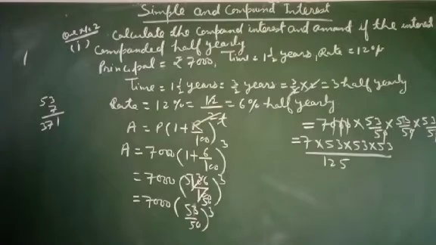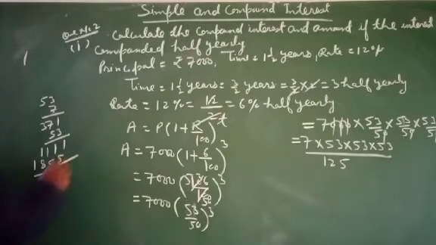Now 371 multiplied by 53. 3 1s are 3, 3 7s are 21, 1 carry 2, 3 3s are 9 plus 2, 11, 5 1s are 5, 5 7s are 35, 5 carry 3, 5 3s are 15 plus 3, 18, 1 5 plus 1 6, 5 plus 1 6, 8 plus 1 9.